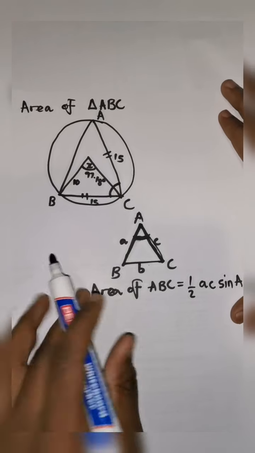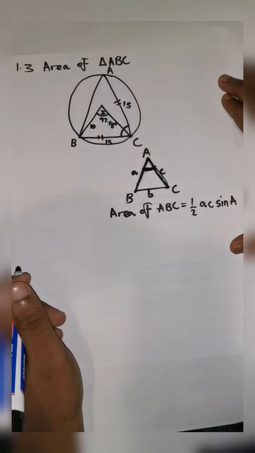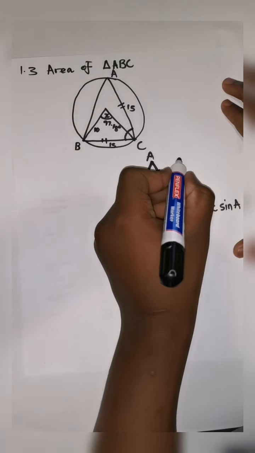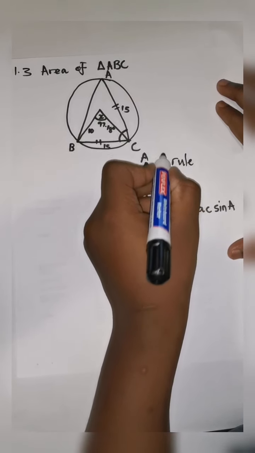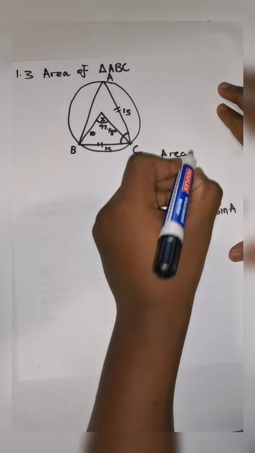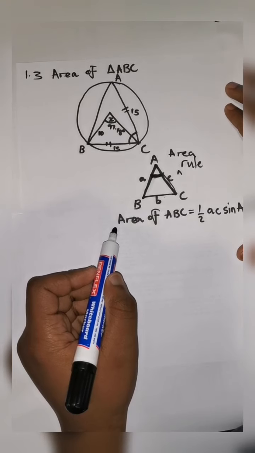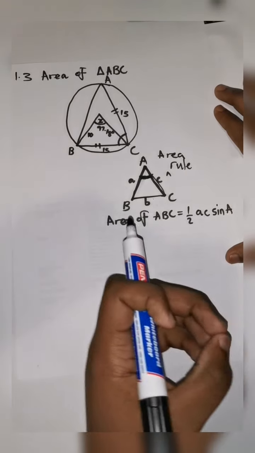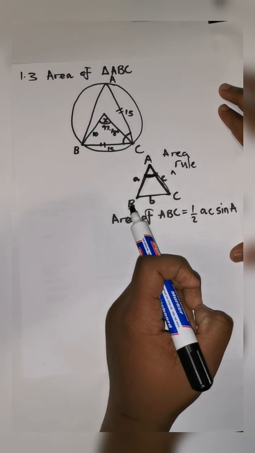Otherwise, let's go back to the question. I hope the area rule made sense. That's the area rule, guys. Now going back to our question, as I've mentioned, the previous questions always help to get the answer for the next question.